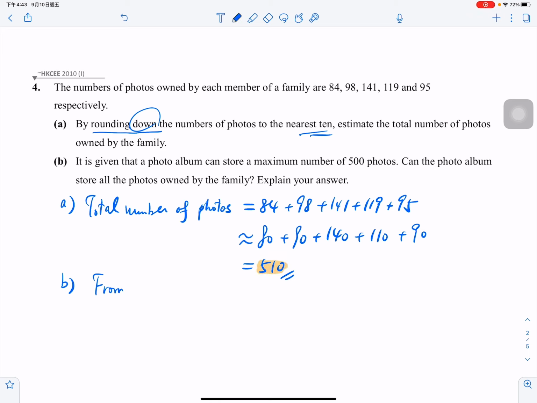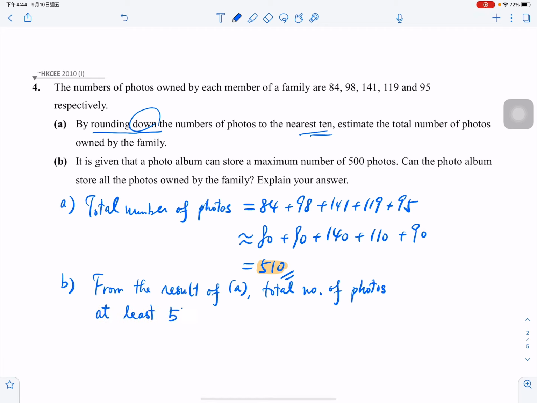So from the result of A, you find that the total number of photos is at least 510, and 510 is more than 500.